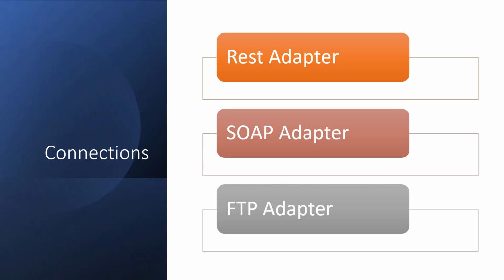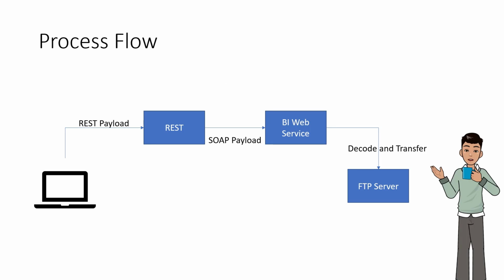All right, so the way this is going to work is the user is going to invoke the integration. It's going to be a REST based integration, and there'll be a payload that the user has to pass. And this payload has the information that we need, which we will then use to invoke the BI Publisher report. So basically the report name, the parameter name, and the associated value for that parameter.